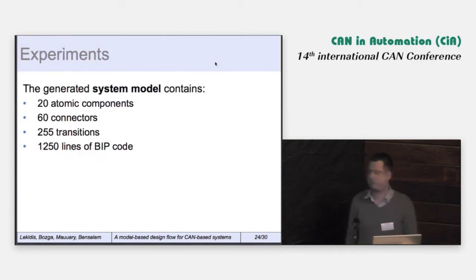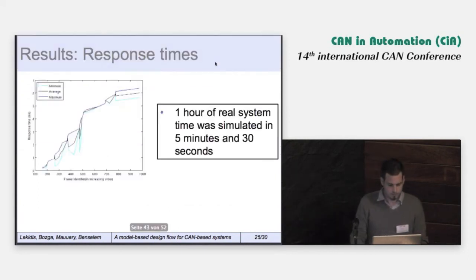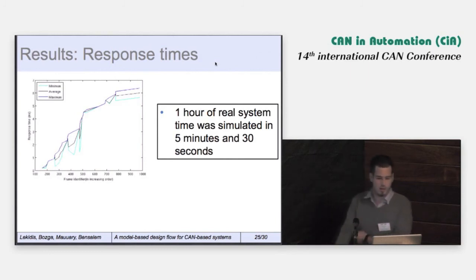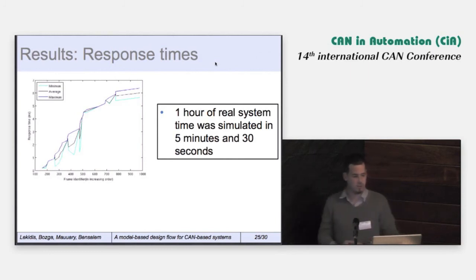So just some information on the experimental results of the system model. What is of interest is how we can use this; now I focus on the simulation, but I will also describe the other capabilities later.